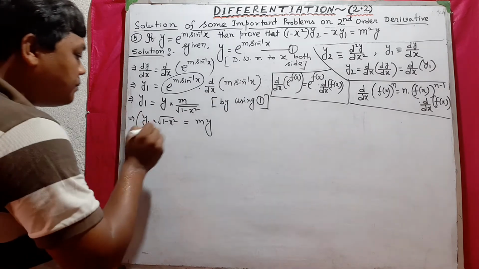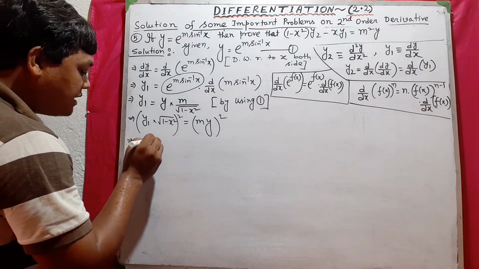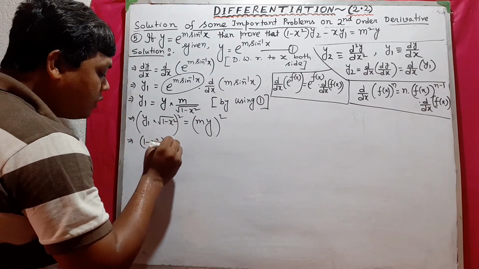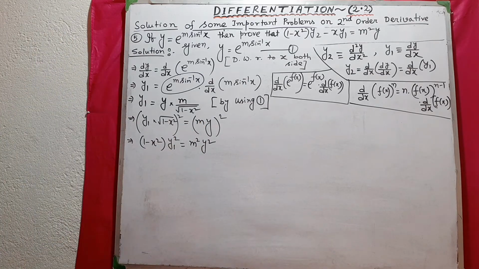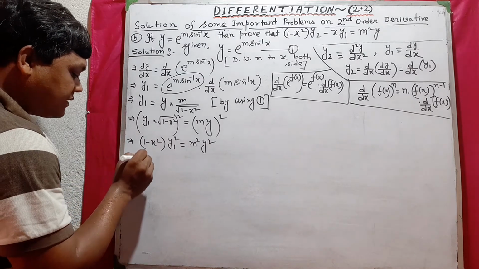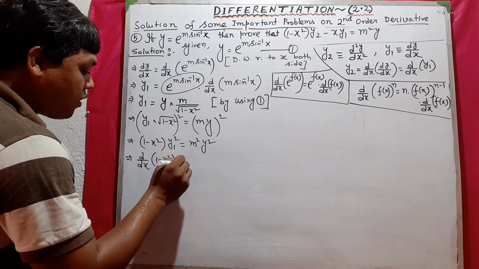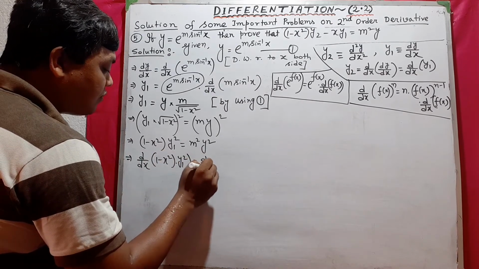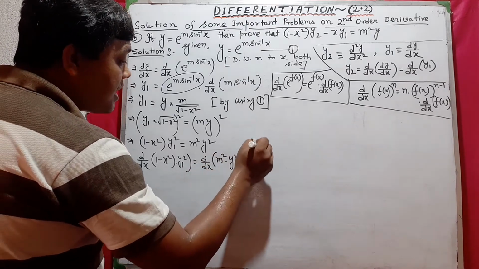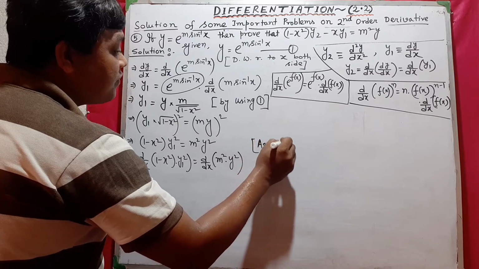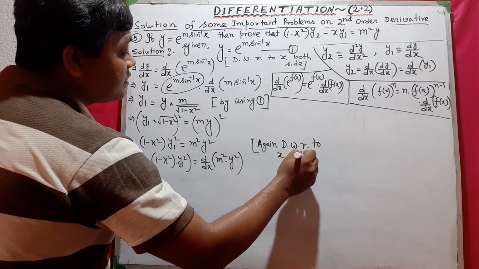So now squaring both sides, we get (1 minus x square) into y1 square equals m square y square. Again differentiate with respect to x, so d/dx of (1 minus x square) into y1 square equals d/dx of m square into y square, and we have to write down again differentiate with respect to x both sides.